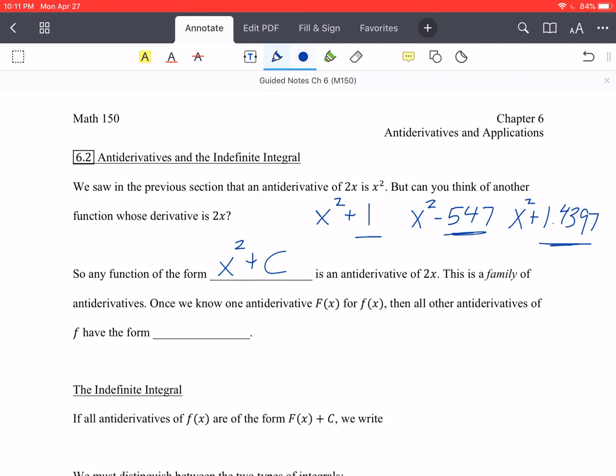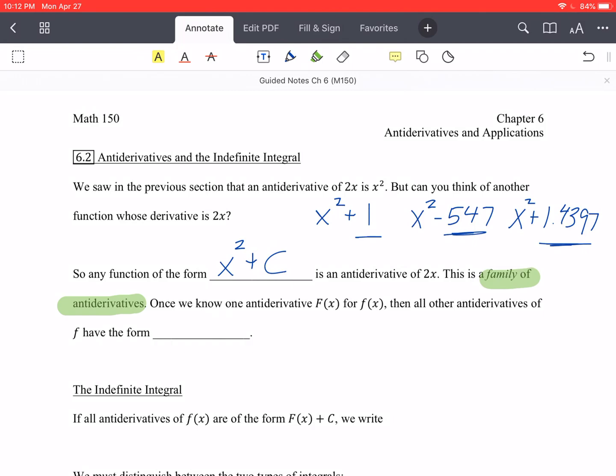This is what we call a family of antiderivatives, because there are infinitely many functions here. You can have x squared plus 1, plus 2, plus 3, plus 4, all the way up to infinity, all the way down to negative infinity, and everything in between.